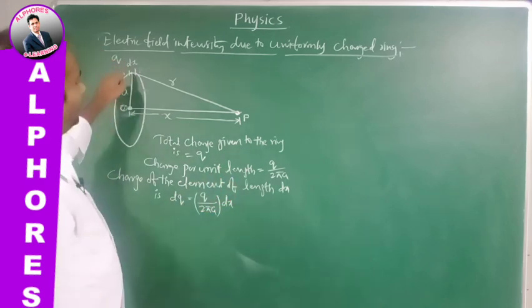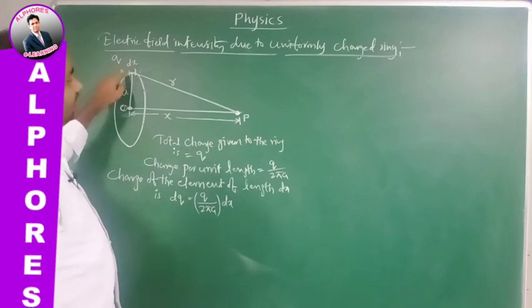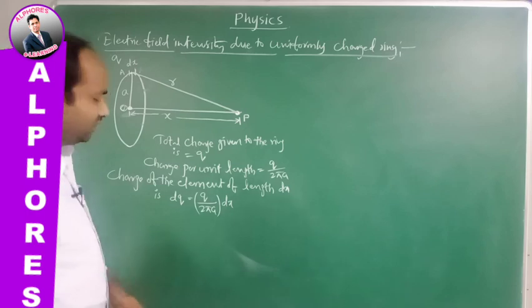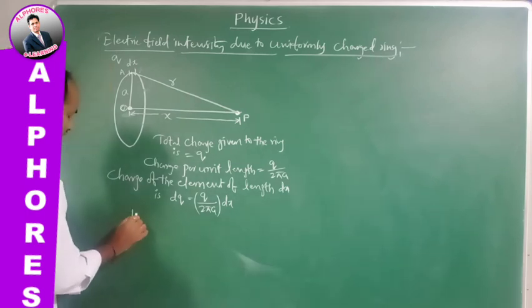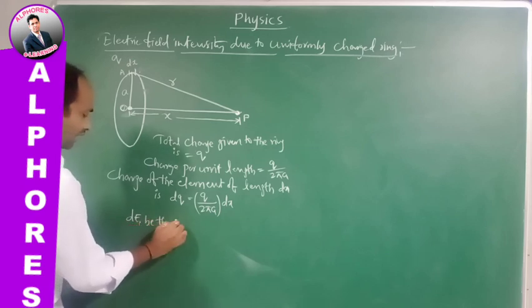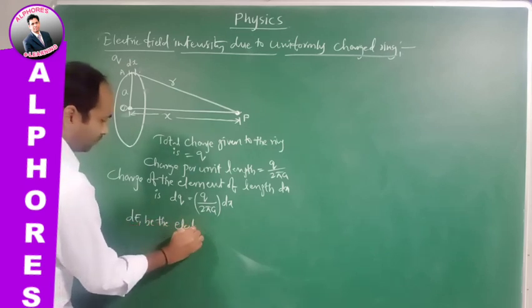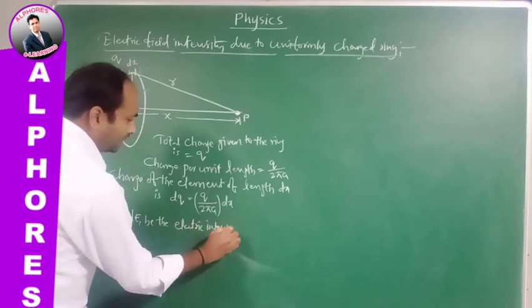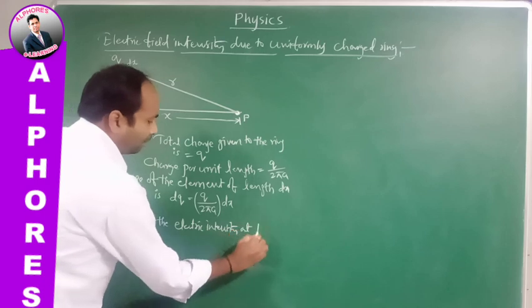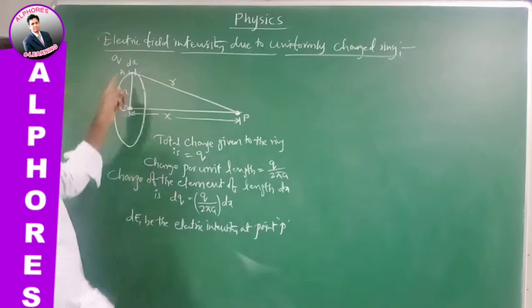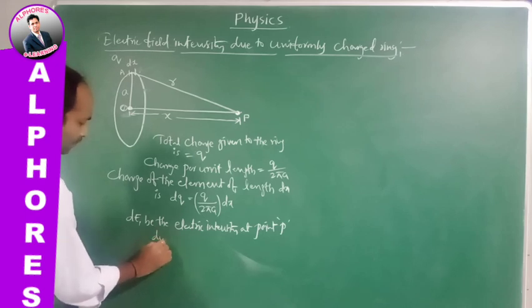Now calculate the electric field intensity at the point P by the small element, let it be dE1. dE1 is the electric intensity at point P due to the small element.